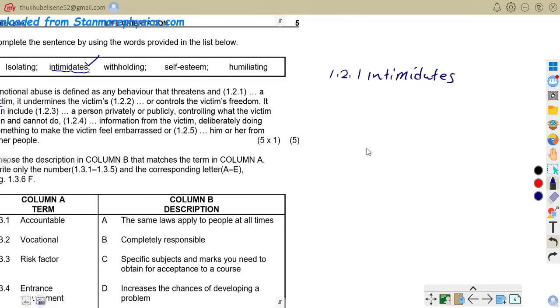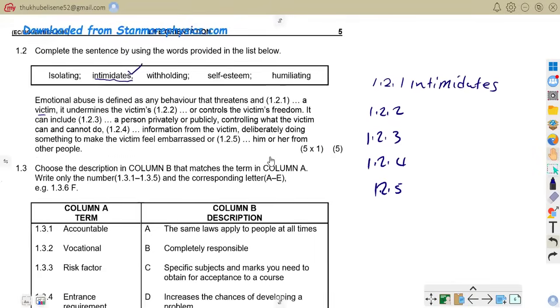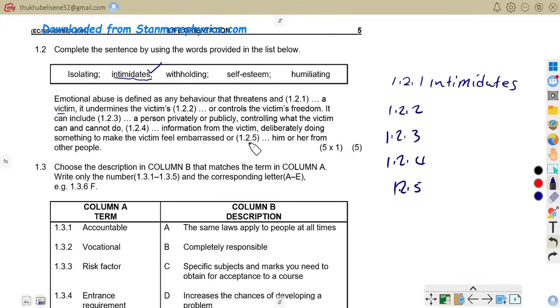So we do have 1.22, we do have 1.23, we do have 1.24. Now, it undermines the victim's dash or controls the victim's freedom.